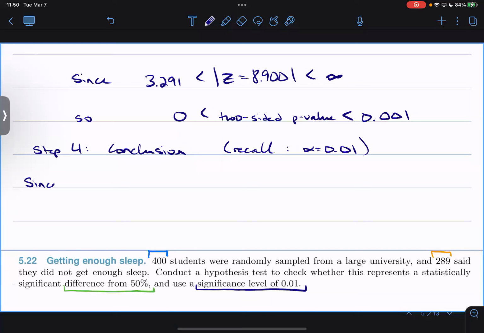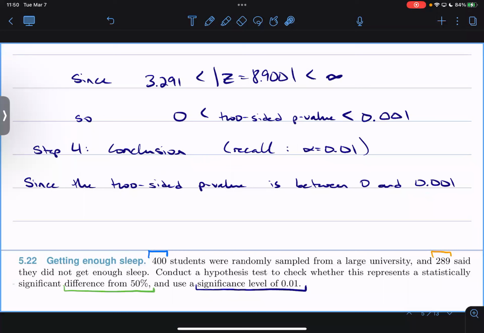So since the two-sided p-value is between 0 and 0.001, and I always use this format, I want to highlight that, yes, I have a two-sided p-value, which matches my two-sided test. You always want to showcase all the things that you know. And it's between 0 and 0.001.